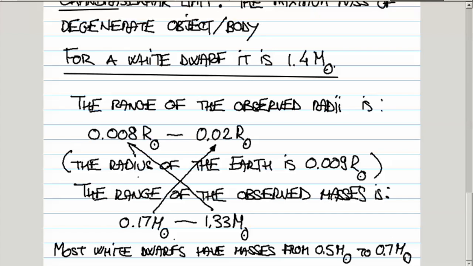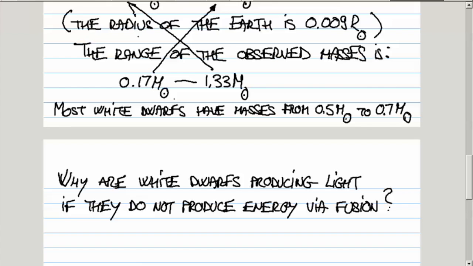It's not very luminous. But you can ask the question, okay, so why do they produce light if they don't produce any more new energy through fusion? Why are they emitting light? And the reason is that the carbon nuclei, right?